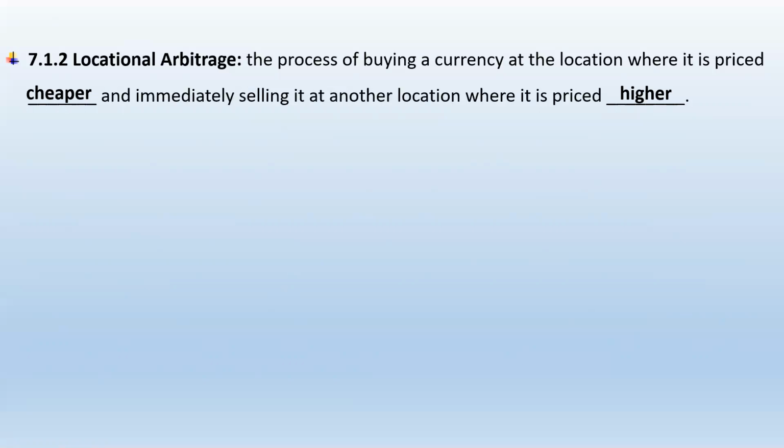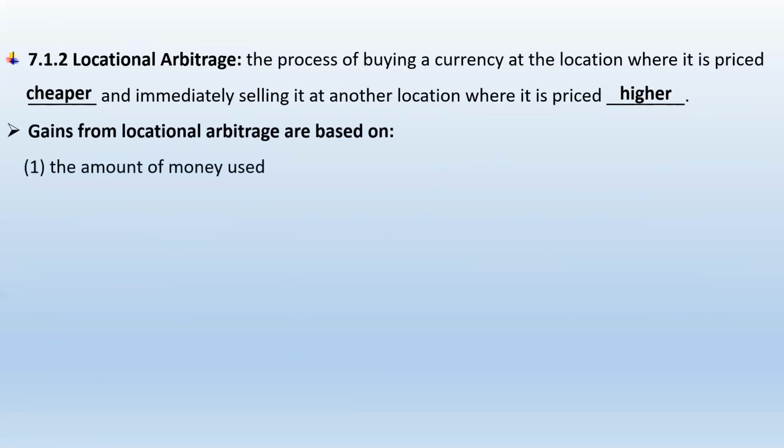Because there are two banks and the foreign currency prices are different, you can do the arbitrage without holding those foreign currencies. So basically, the gain is based on the amount of money you used. The more money you have, the more profit you will have. It also depends on the size of the discrepancy, the difference between those two prices.